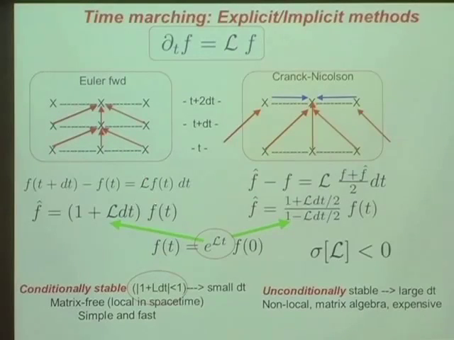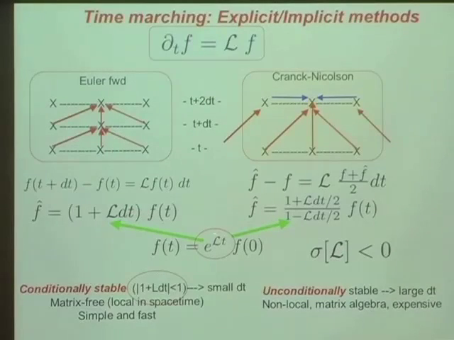But the price you have to pay for this simplicity is that, if you look into this expression, suppose that this is a stable system, which means that the eigenvalues of L are negative. So the spectrum of the Liouville operator lies on the negative side, and let's assume that this is a Hermitian operator, so all the eigenvalues are real.